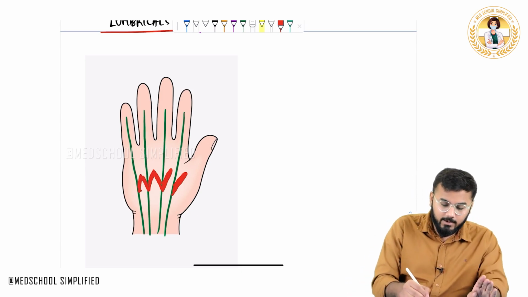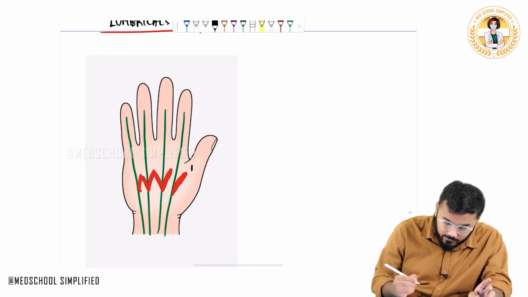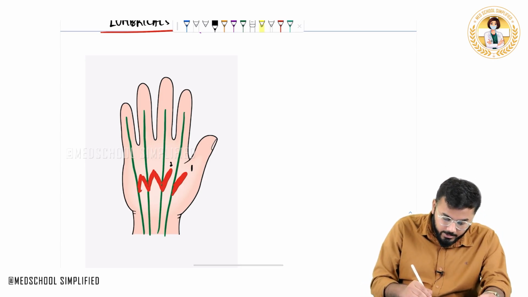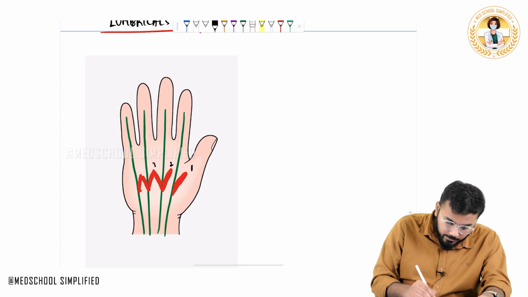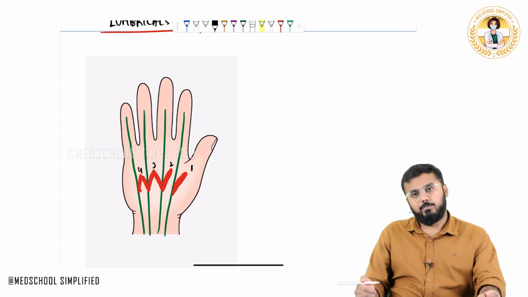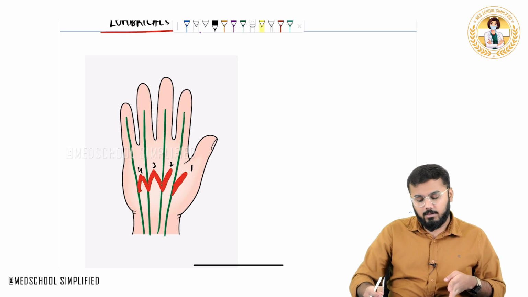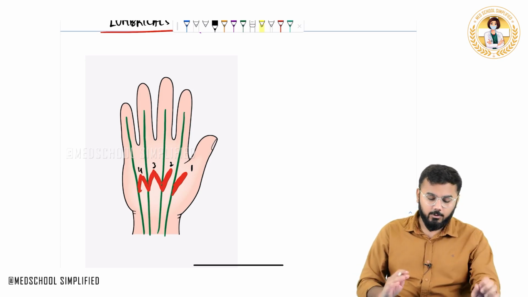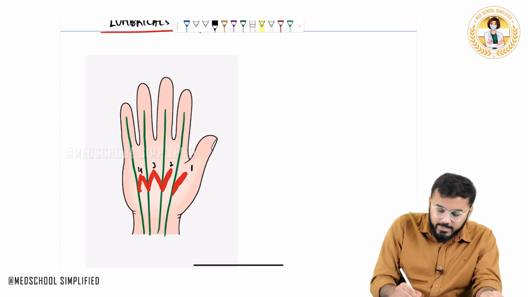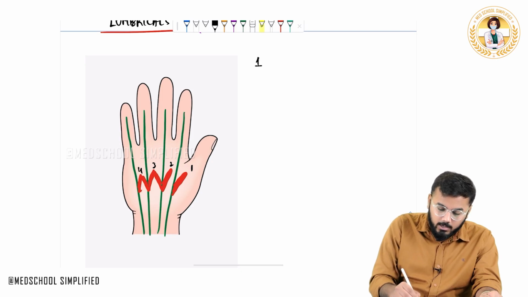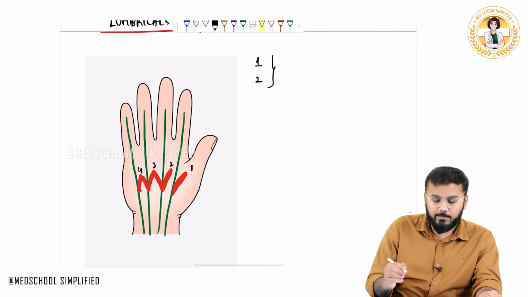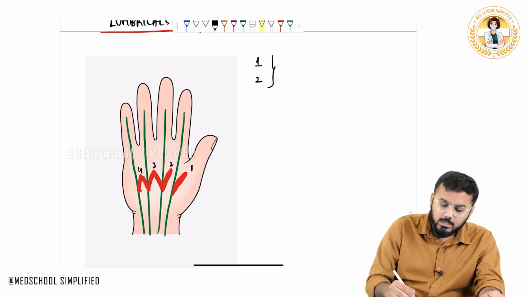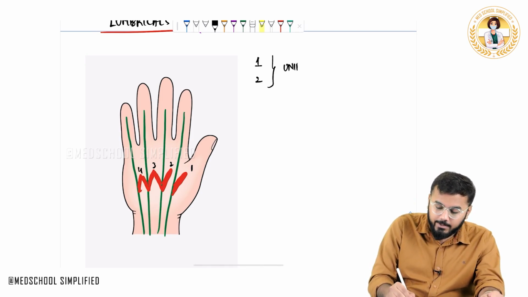If you look very clearly, guys, this is lumbrical number 1, this is lumbrical number 2, this is lumbrical number 3, and this is lumbrical number 4. Now I know you are confused about why the structures are like this. If you look keenly, lumbrical 1 and lumbrical 2 are both onto only one side, which means both of them are unipennate.